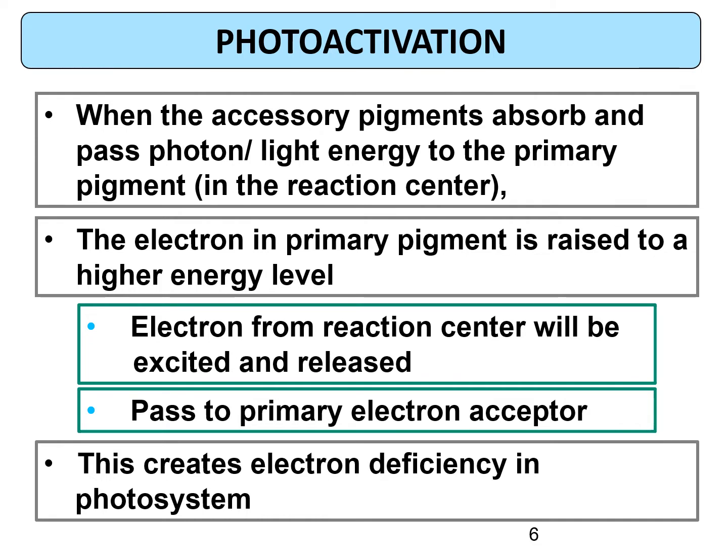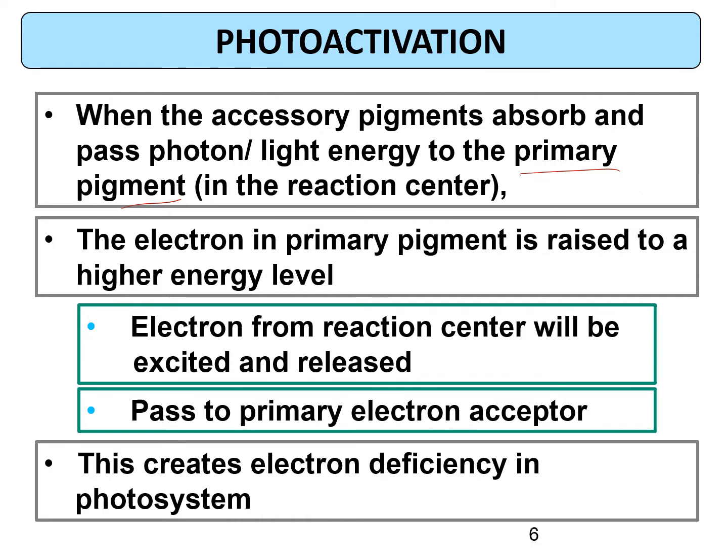There are a few stages in the light-dependent reaction. Photoactivation. We need to know what it means. What is the meaning of photoactivation? It occurs when the accessory pigments absorb and pass the photon to the primary pigment in the reaction center.